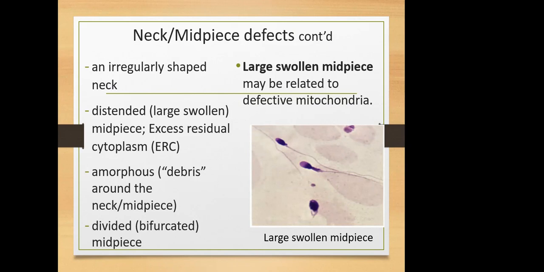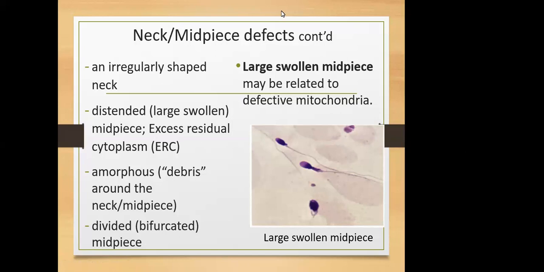So if you say debris, I say it in the amorphous head. And then bifurcated midpiece. The midpiece is divided into two. That is a true abnormality. All right. Then we have an example of a large swollen midpiece.